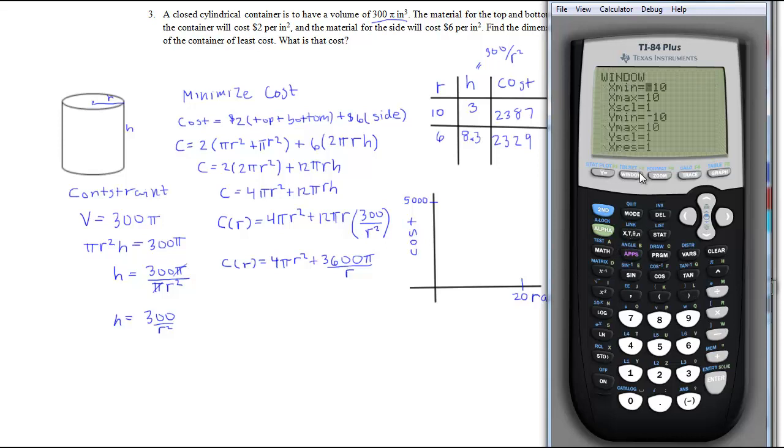And then the window, we're hoping this is right, 0 to about 20, and scale by 2s, and 0 to 5,000, and I'll scale by 1,000. Alright, give it a try.